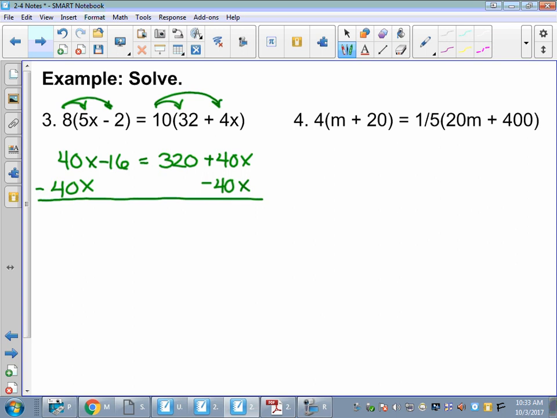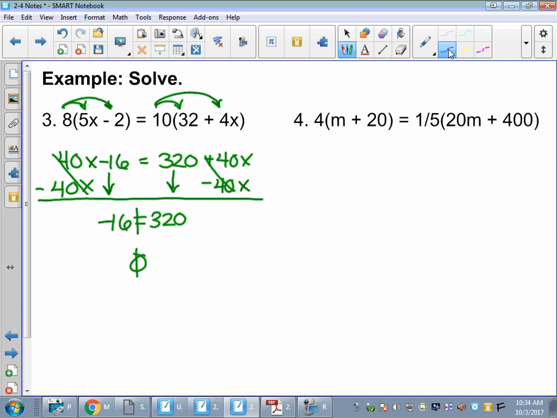So 40x take away 40x cancels. I bring down the -16 equals, bring down the 320, and the 40x and -40x cancel. -16 is never equivalent to 320, so this would be no solution. Notice my variable disappeared, and I was left with a false statement.